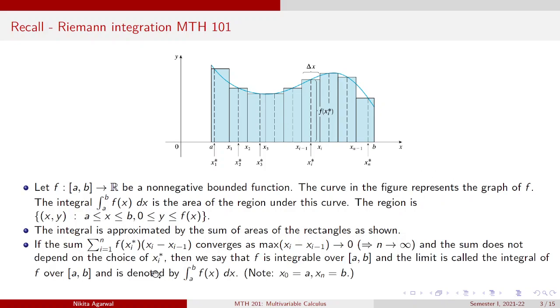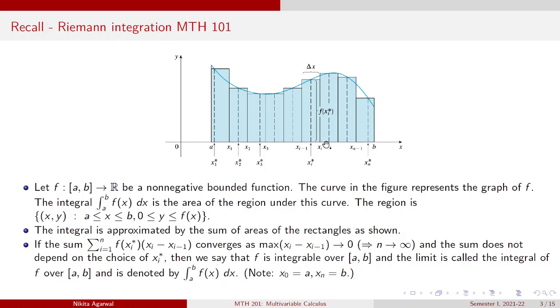Now consider the summation i going from 1 to n of f(xi star) times (xi minus xi-1). So what is this quantity? This quantity is nothing but the area of a particular rectangle, right? So if I look at this interval, this rectangle, here xi-1, xi are the endpoints of this interval.